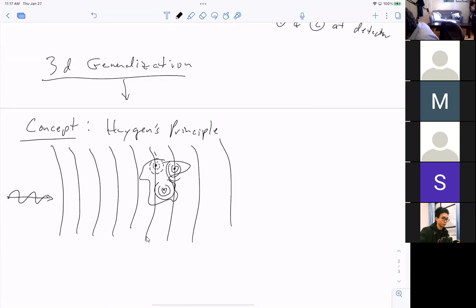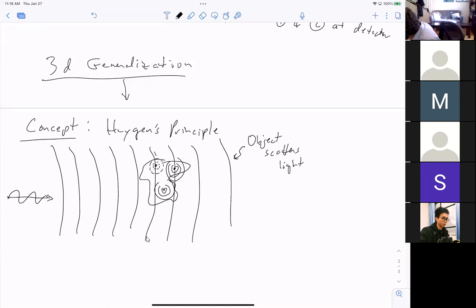And because it's scattering, the object scatters the light. That's the modern language that we use. Every point on that object is going to scatter the light at the same phase as the light that's hitting it.